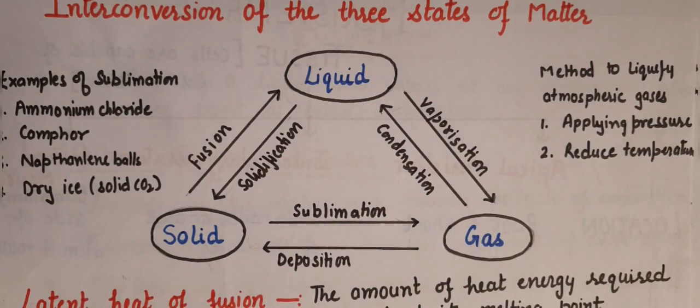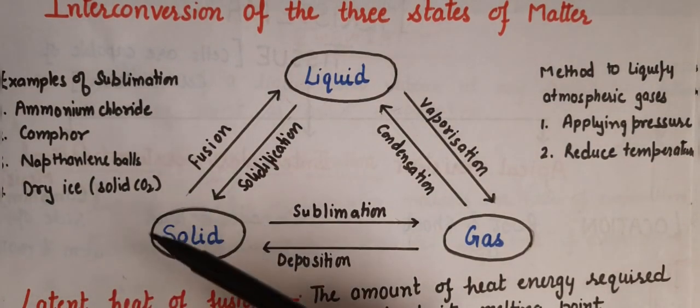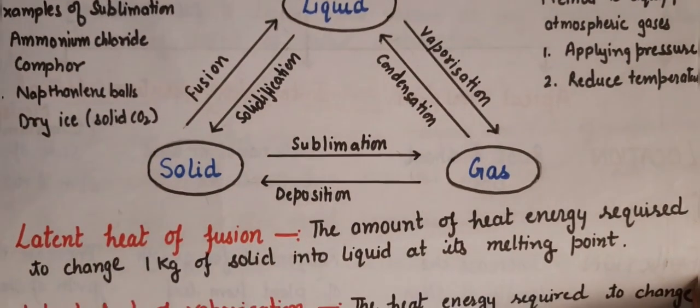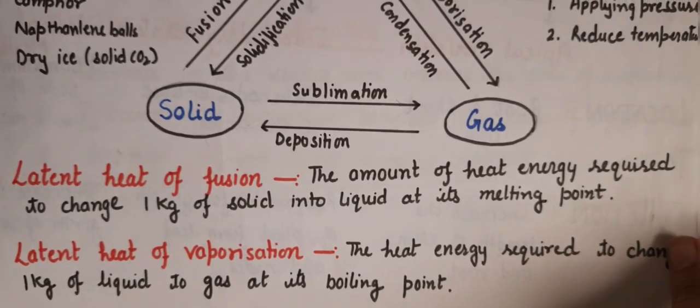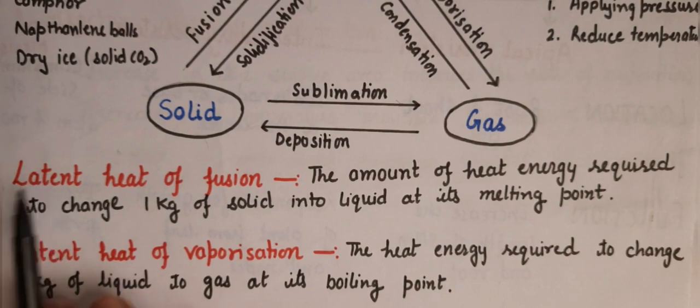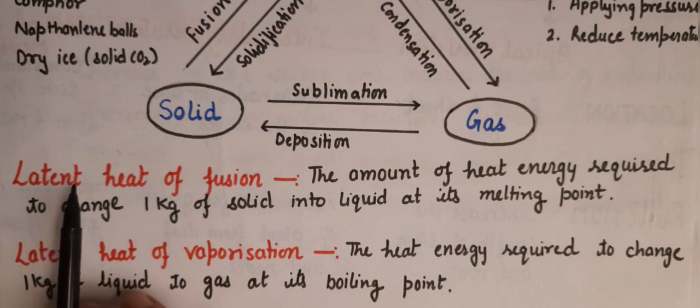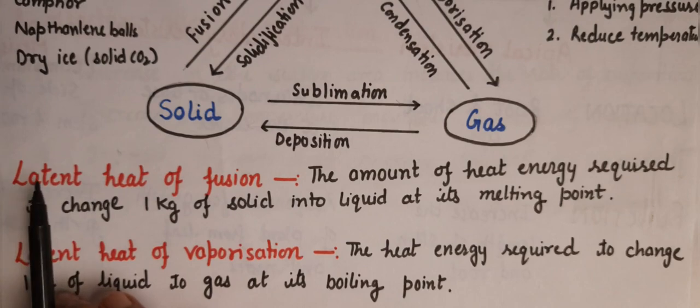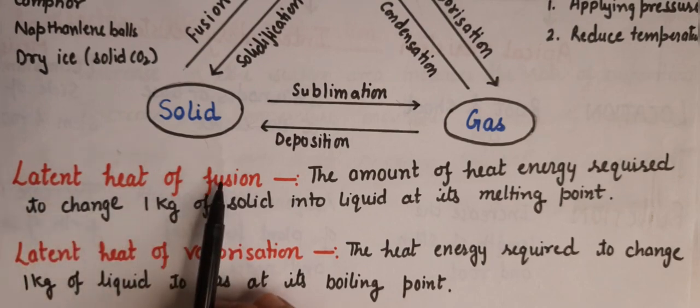Friends, now what do we call the process when solid converts into liquid? Yes, fusion. And do you know the definition of latent heat of fusion? Latent heat of fusion. Latent heat means the energy required to change. Now what is the meaning of fusion?